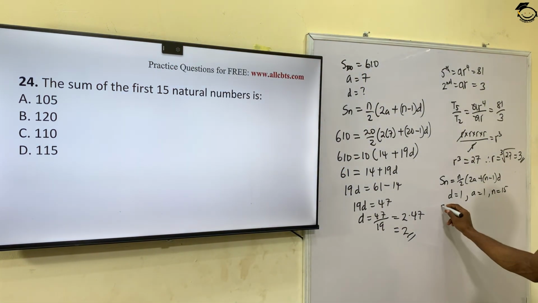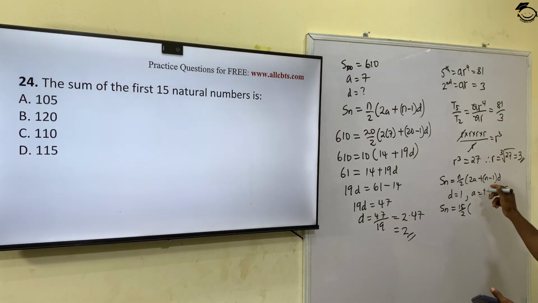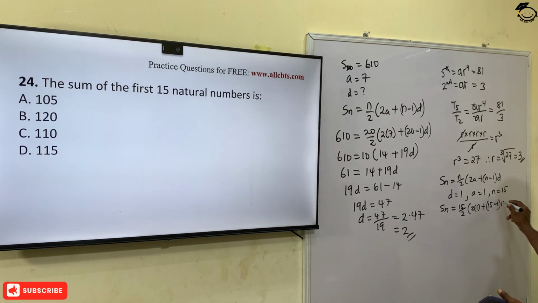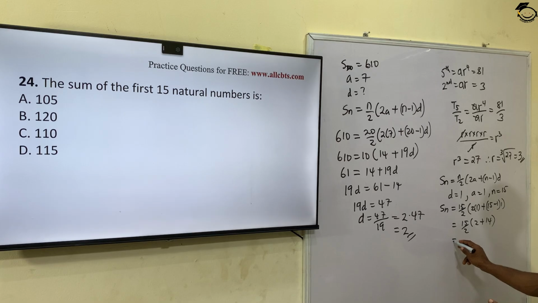So this becomes Sn equals 15 over 2 brackets 2 times 1 plus 15 minus 1 times 1. So this will give us 15 over 2 brackets 2 plus 14. Okay, now 2 plus 14 is 16, so 15 over 2 times 16 over 1.